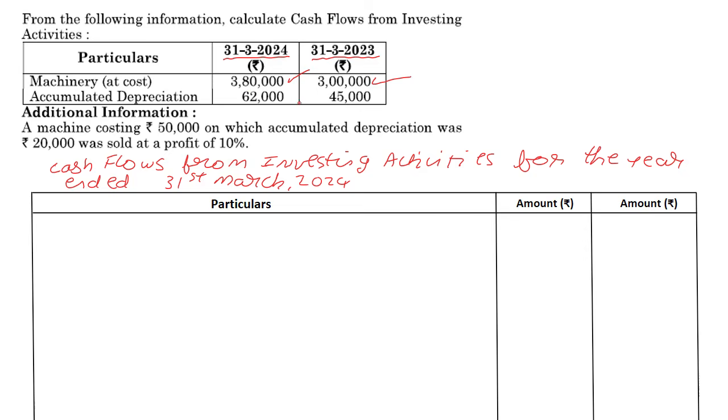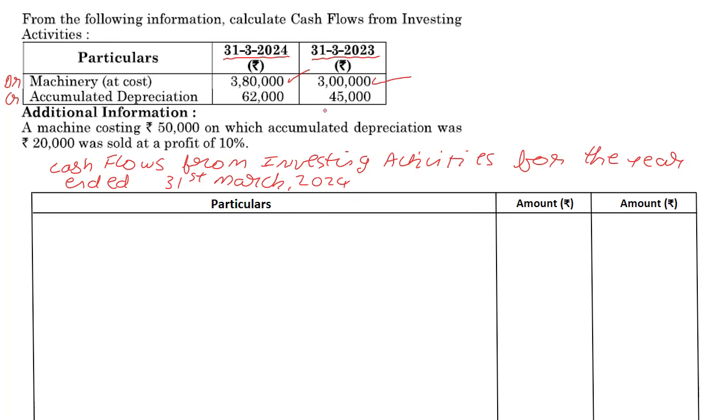Apart from that, accumulated depreciation. Remember that machinery is an asset. Assets by default have debit balance. Accumulated depreciation has a credit balance because it's a deduction from your asset.